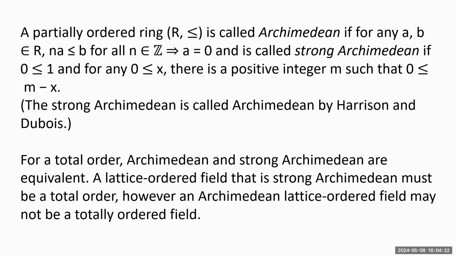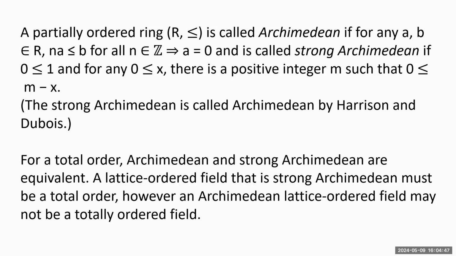So first, let's recall the definition of Archimedean. A partially ordered ring is called Archimedean if, whenever n times a is less than or equal to b for all integers n, then a will be 0. It is also called strong Archimedean if one is positive and any positive element is less than or equal to a positive integer.